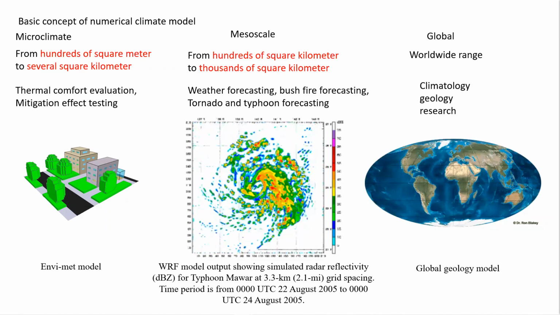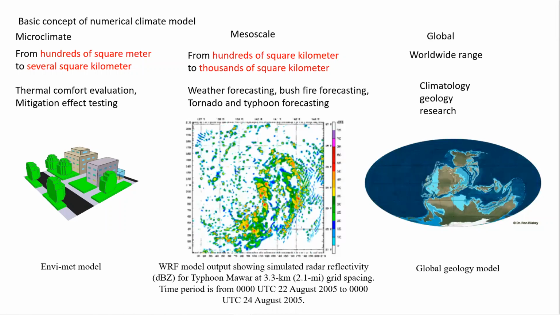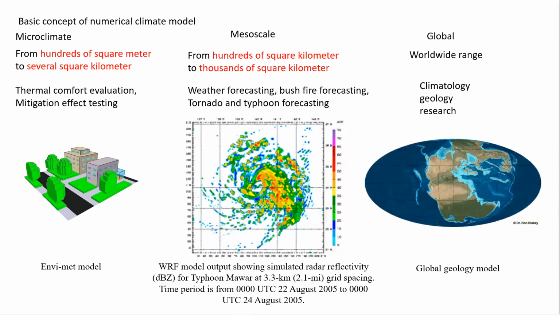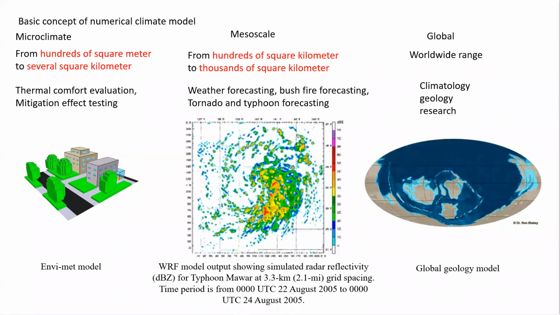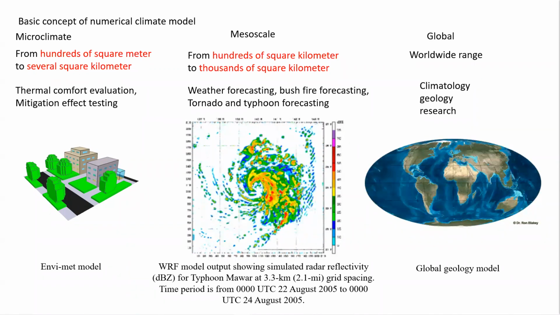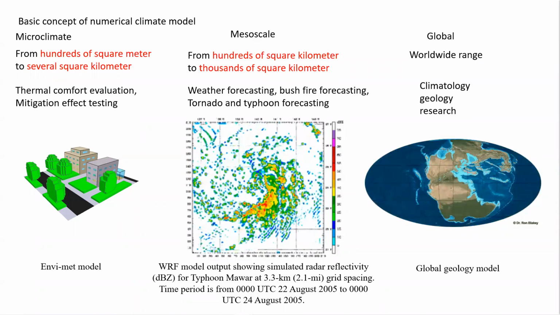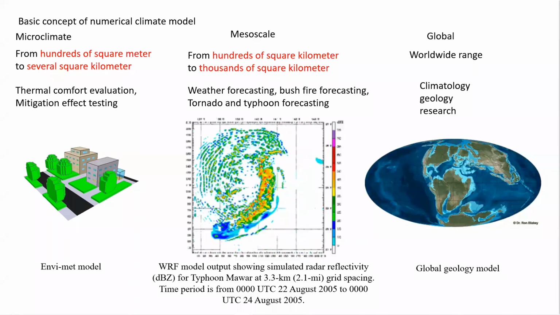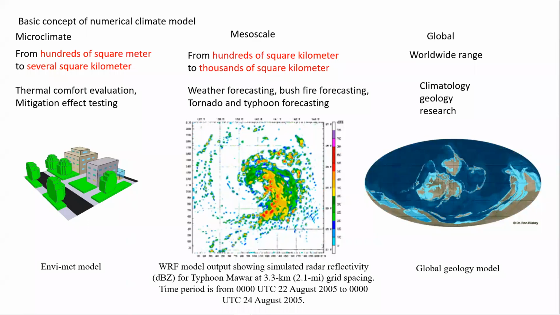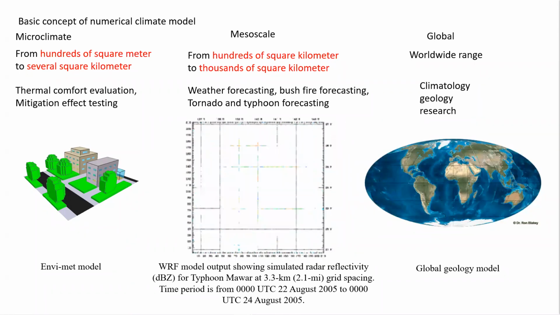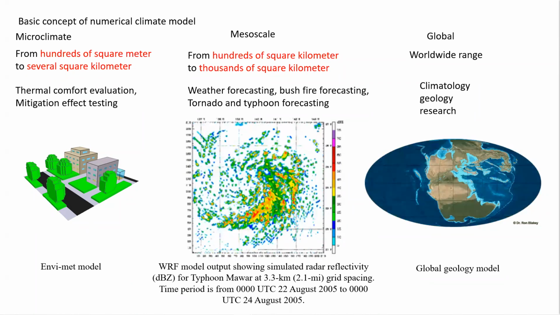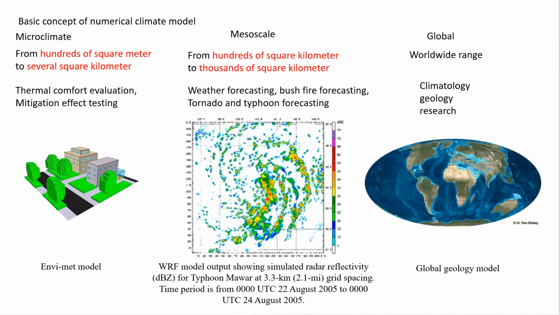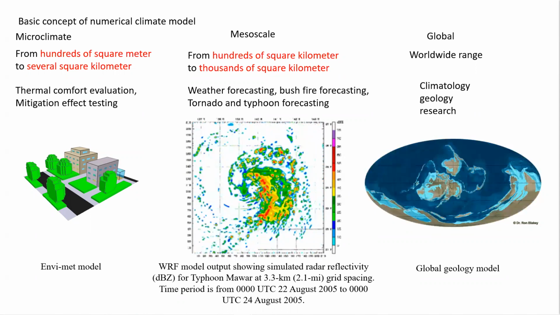We usually use this kind of model to predict things like bushfire forecasting or tornado or typhoon. This image is a typhoon prediction, and you can see here. The third type is the largest scale. It's a global scale simulation. They are often used in climatology research, and their time range is very large, as they can simulate from hundreds of years to thousands of years.